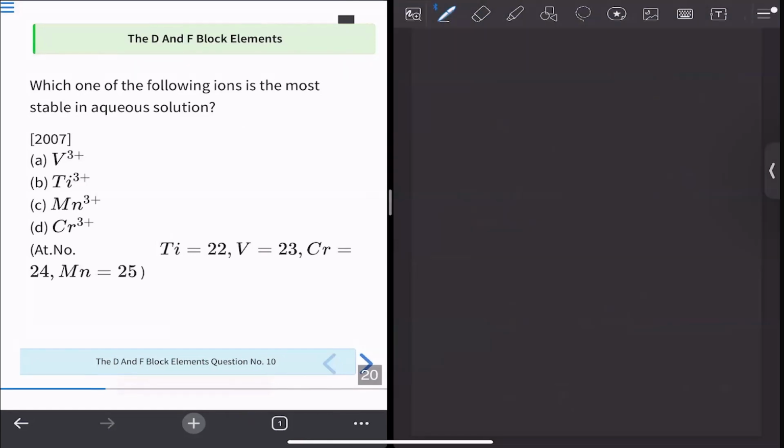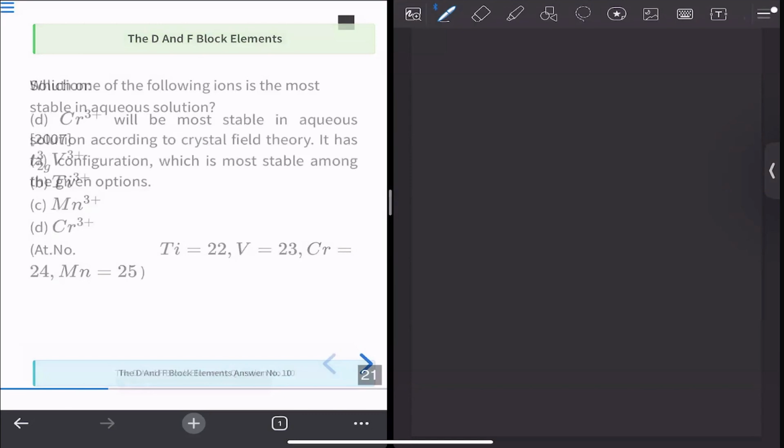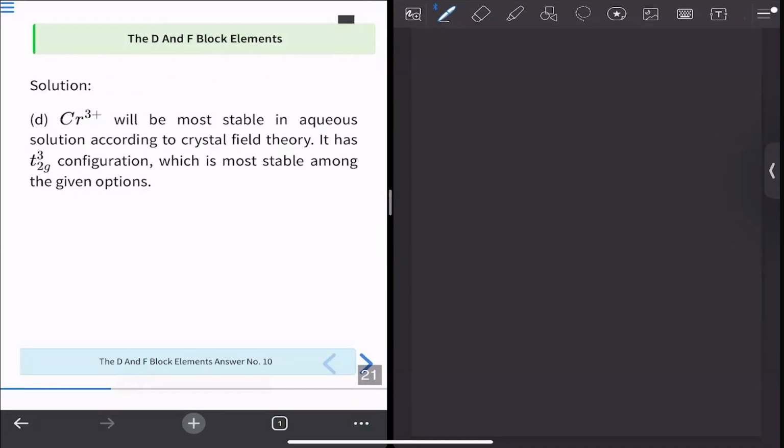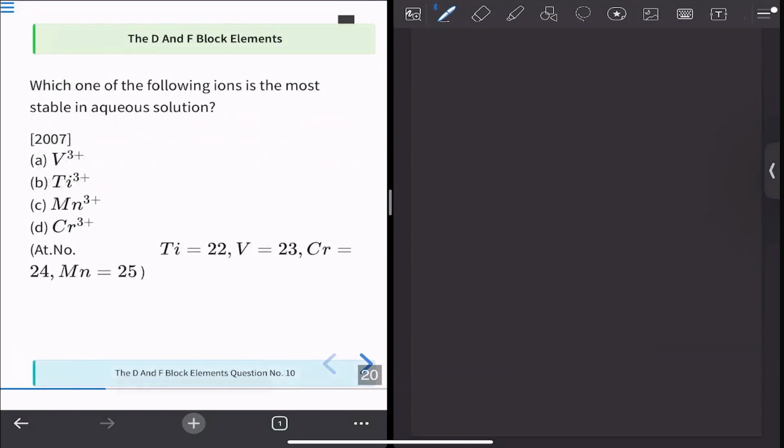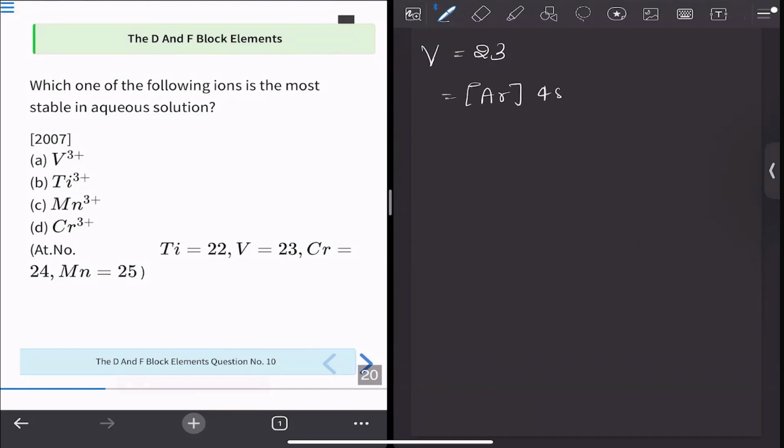So the next question is, which one of the following ions is the most stable in the aqueous solution? If you consider vanadium 3, we know that its atomic number is 23. So vanadium will be argon 4s2 3d3.